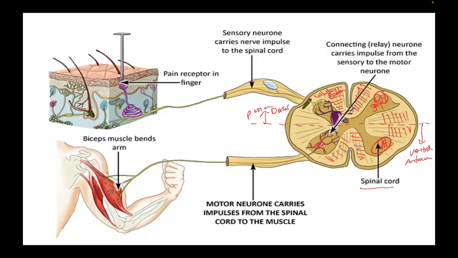So you have dorsal columns, ventral columns, and lateral columns. Columns are all in the white matter. Wherever we have this white matter, this is where we're going to have the up elevators and down elevators, meaning the ascending tracts and descending tracts all exist in the white matter. The up elevators are sensory tracts. The down elevators are motor tracts.